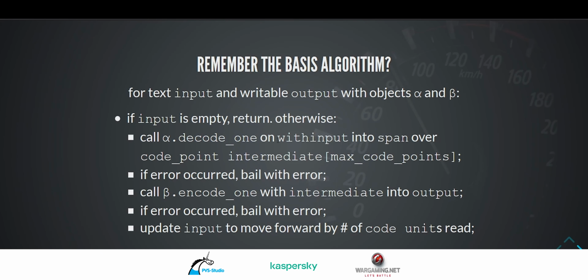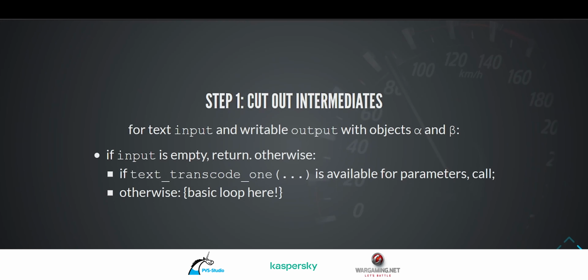So remember the basis algorithm, right? We have an input, and you have a writable output, and you loop, and so on, right? Well, step one is to basically cut out intermediates. So for our text input and our writable output, for encoding objects alpha and beta: if the input is empty, then return. Otherwise, before we do the basic loop, we ask: is it possible, can we check at compile time, that this magical text transcode 1 function, which gives us a special shortcut between alpha and beta, is there?